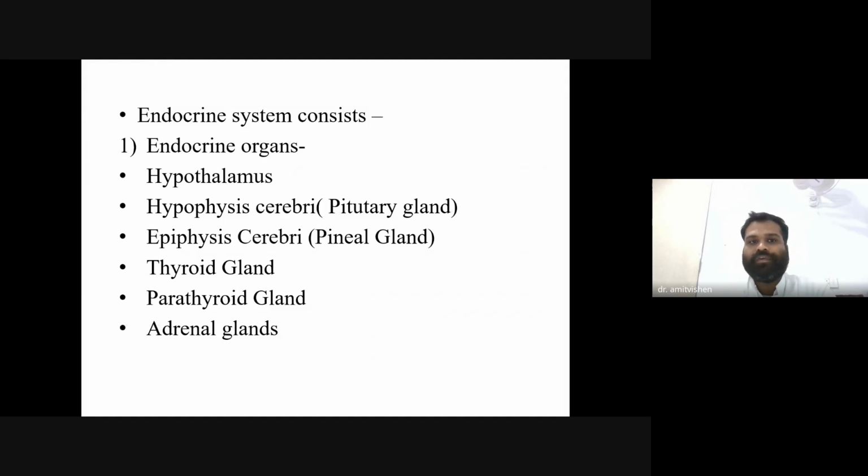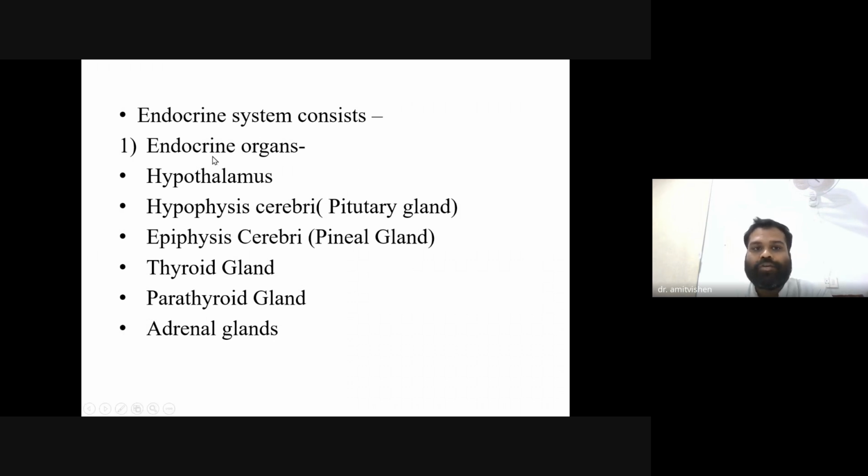First of all, we have to understand what the endocrine glands are. Everyone who has done their BVSc and AH knows well that endocrine glands are ductless. They secrete their secretory product directly into the bloodstream.